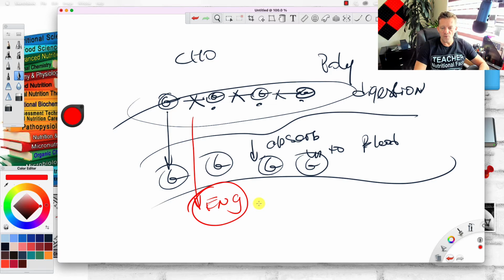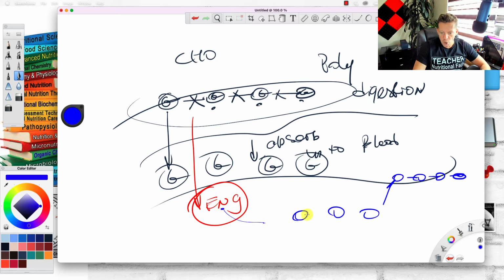And then if our body needs to build something more complex from simple molecules, then this energy would be used to create these bonds here again. I don't want to get into very small details, but that's basically what happens when we're digesting food.